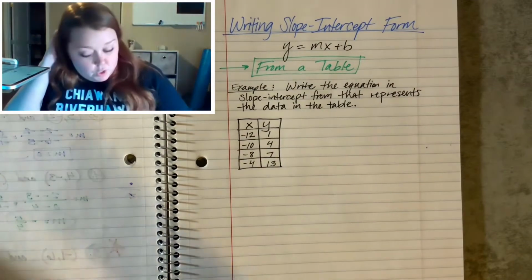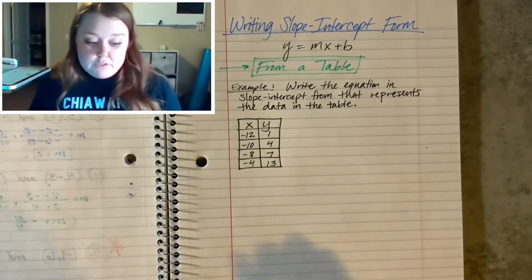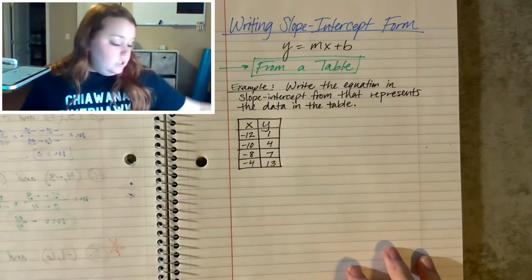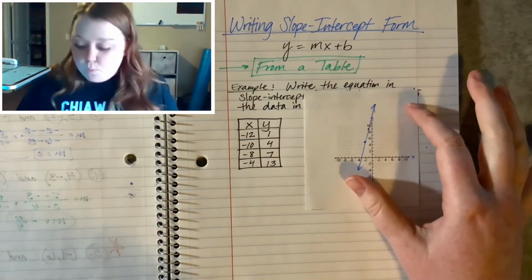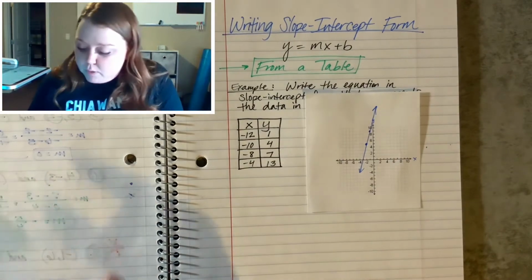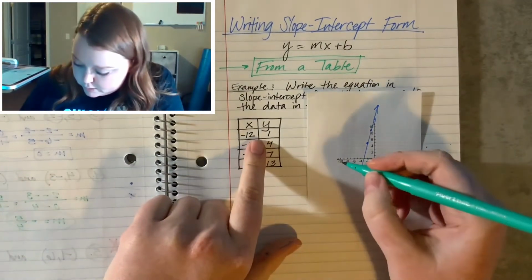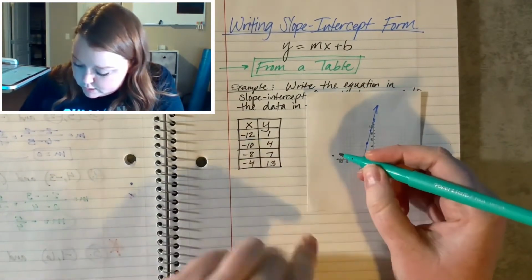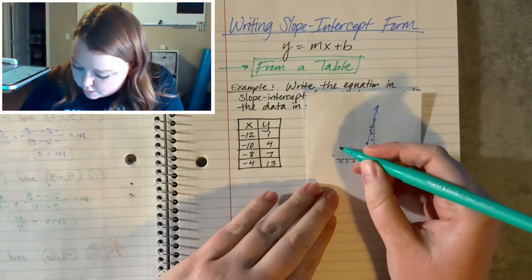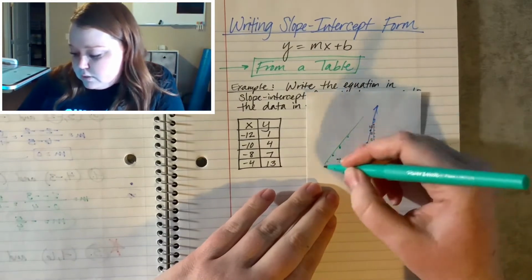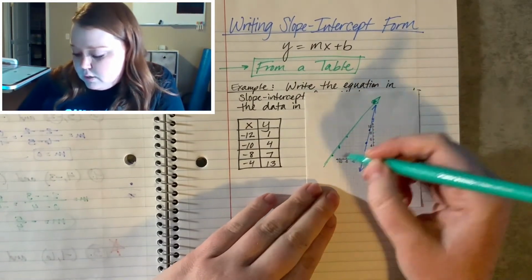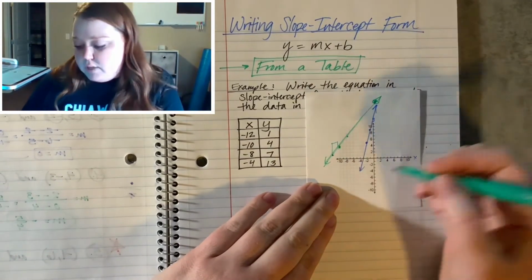Okay. So we got a table of values. Now, ignore this already drawn on the graph. One thing you could do is plot those points, -12, 1, -10, 4, -8, 7, and follow those points, try and find the b, figure out the slope, and write the equation of the line.